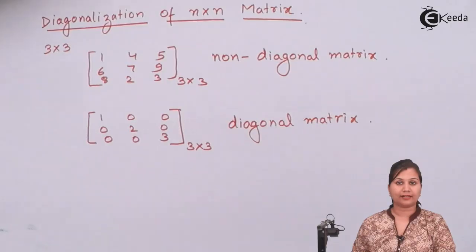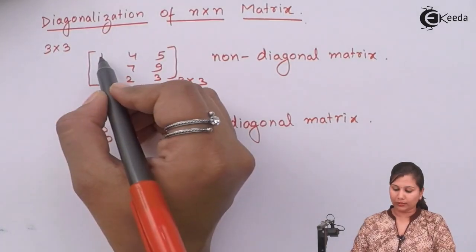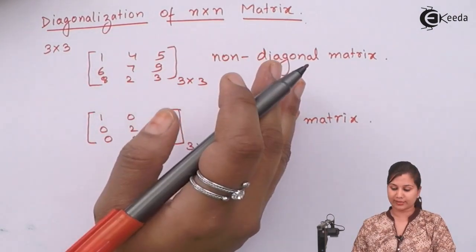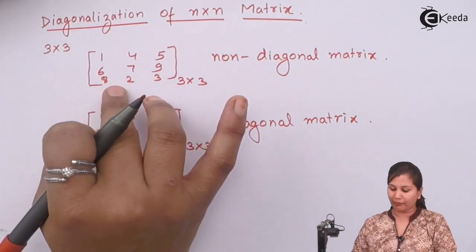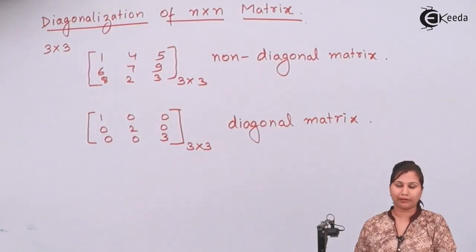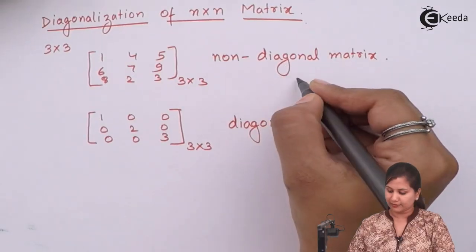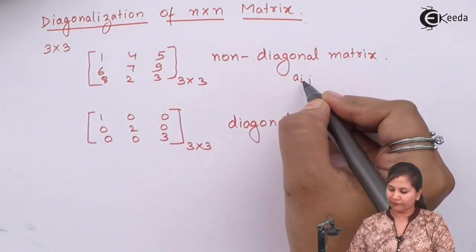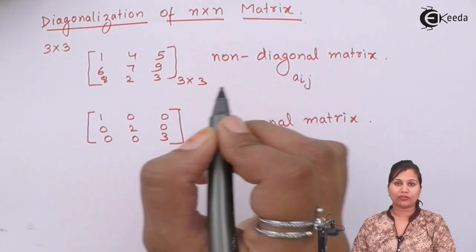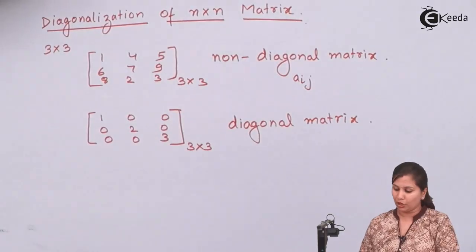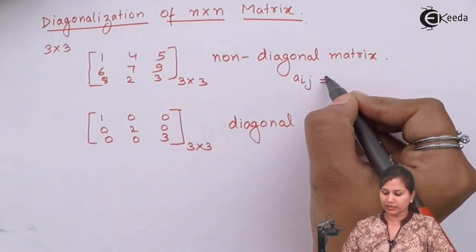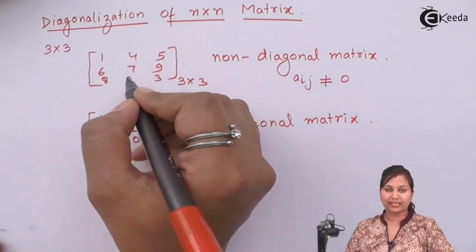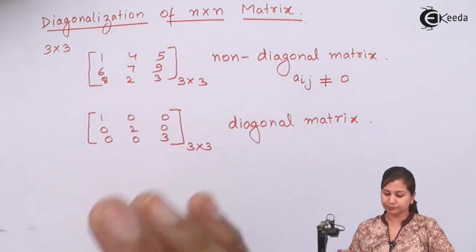So you can see that a matrix in which the diagonal elements and all the other elements are non-zero is called a non-diagonal matrix. That means, we can suppose the elements are represented by a_ij, and the values of i and j vary from 1 to 3. All the elements are not equal to 0, that is, they are non-zero elements, and the diagonal elements are also present.